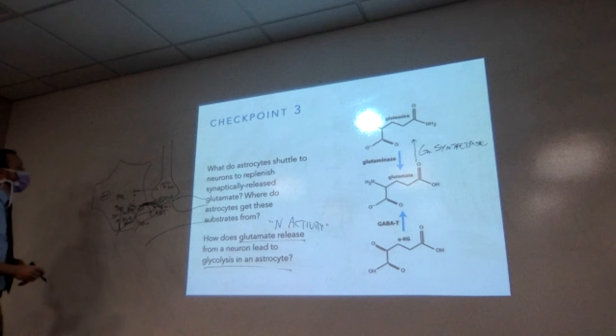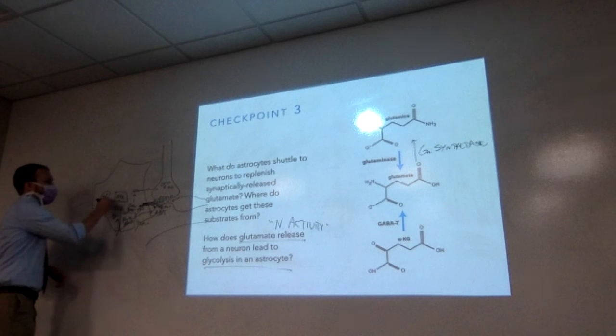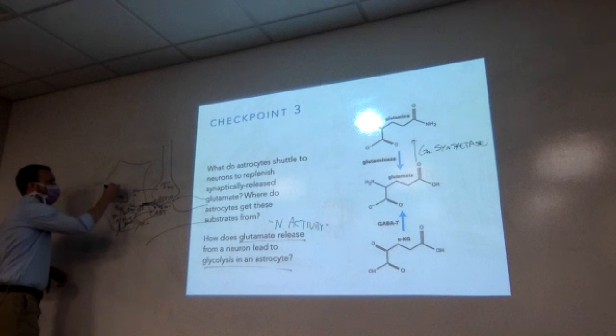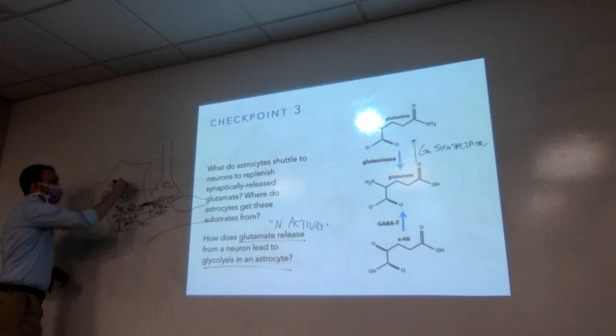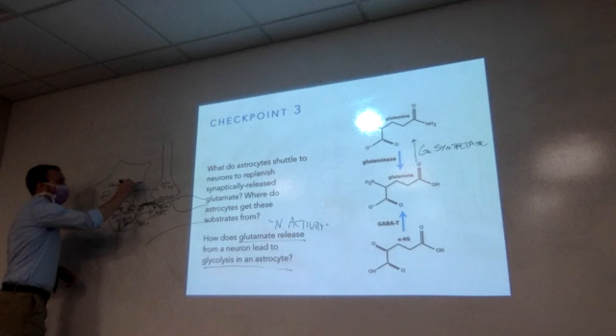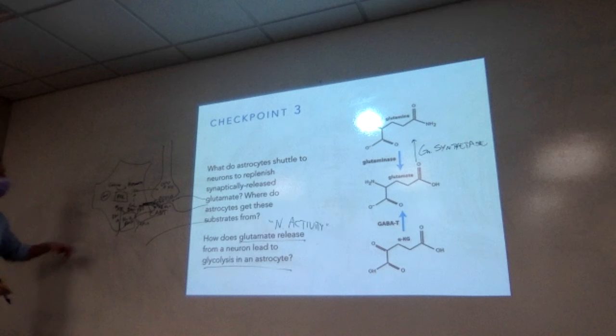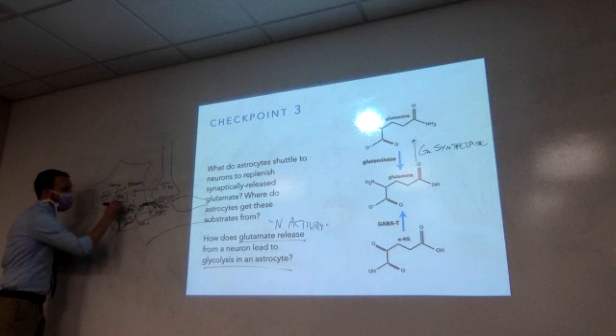Phosphofructokinase is one of those enzymes involved in glycolysis. So taking glucose and turning it into pyruvate. I'm going to brush all the other reactions under the rug. This is inhibited by ATP.